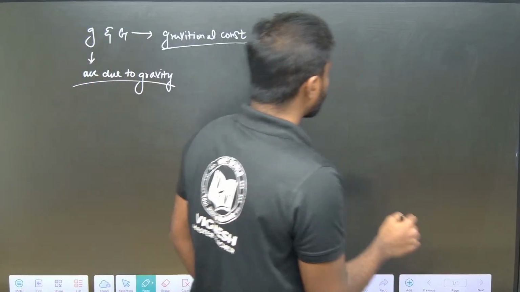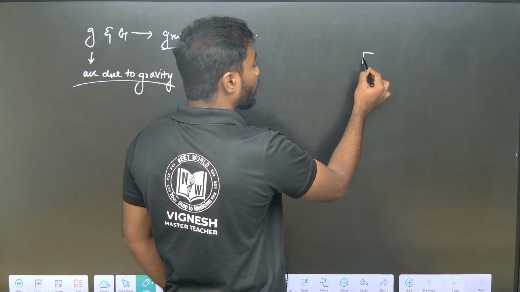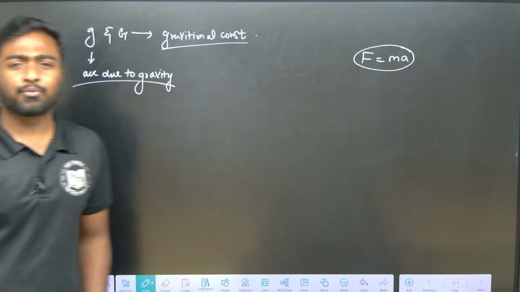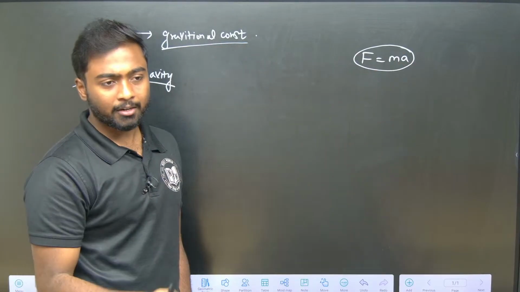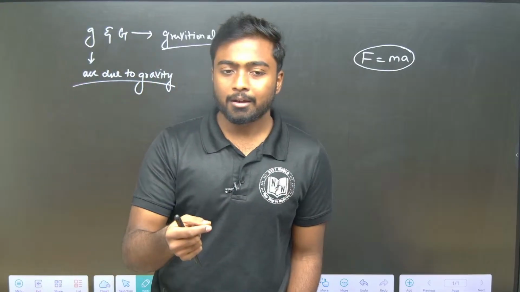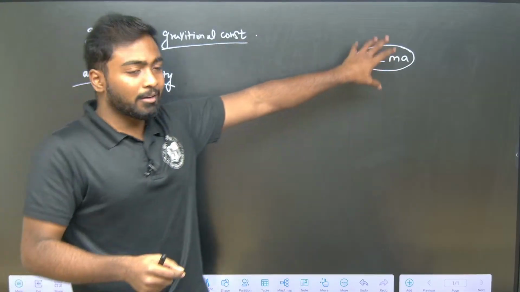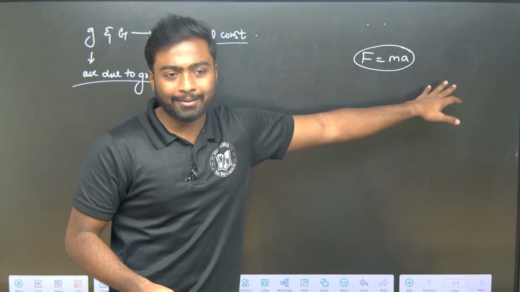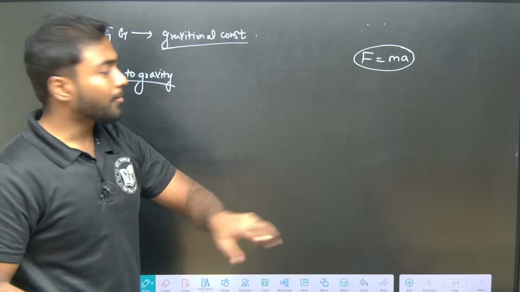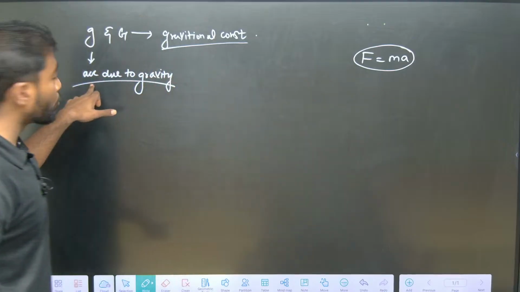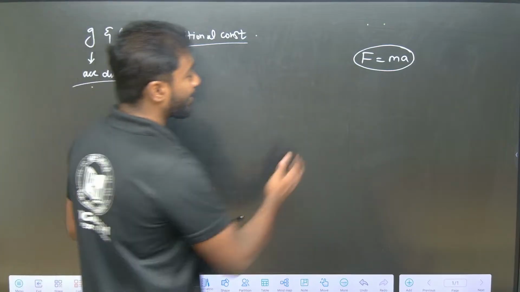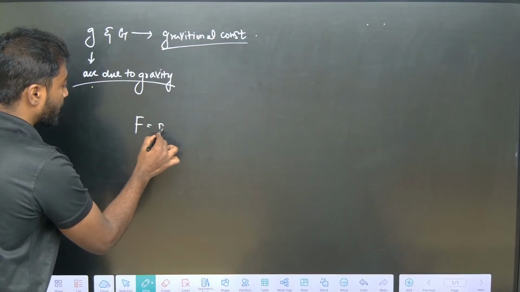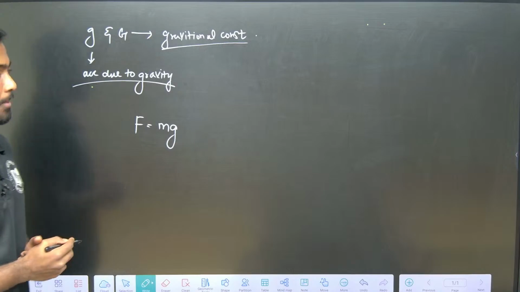We know that force is mass into acceleration. What is force? It is either a push or a pull, which we learned in lower classes, but in formula form, F equals mass into acceleration. When we talk about acceleration due to gravity, I can consider F equals mg.